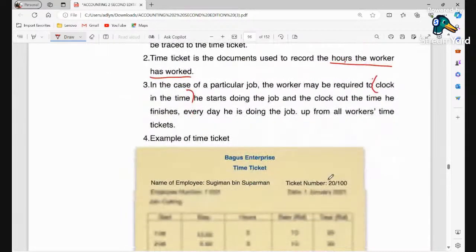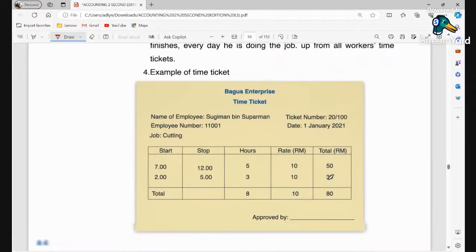Alright, okay, so example of time ticket. Okay, this is for one particular worker ya. Siapa worker itu? Worker tu ialah Sugiman bin Suparman, adik kepada Superman. Okay, ticket number dia 20/100. That means labor dia ada 100. Jadi Sugiman ni adalah orang yang ke-20 lah kot. Something like that.